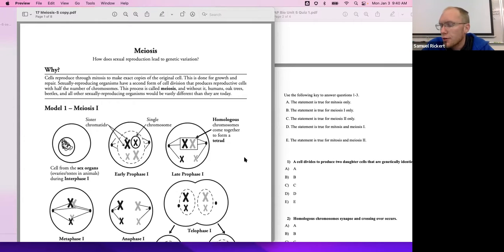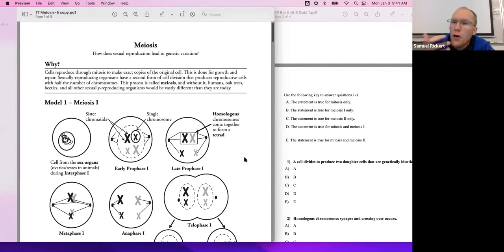And what I would call a level 2 understanding of meiosis is that it's like mitosis, but it creates 4 gamete cells that have half the genetic information, which we call haploid, as opposed to mitosis, which creates 2 identical diploid cells.